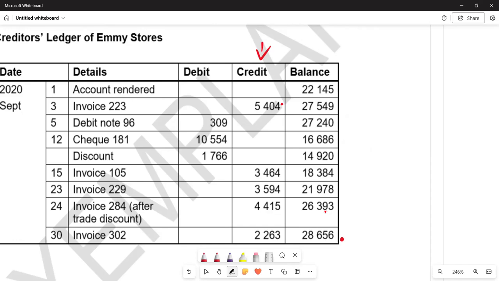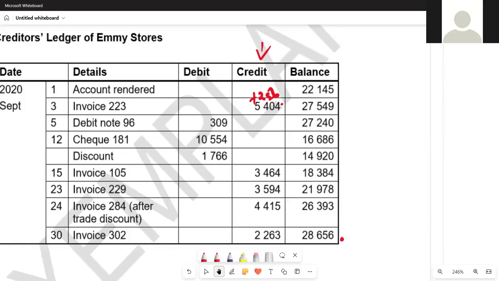So it means that this is a plus that is going to come here, a plus 256. The figure that we have there is 5,404, and we are supposed to add another 256. So we are entering on the credit side. That is the issue: the entry is going to the credit side.